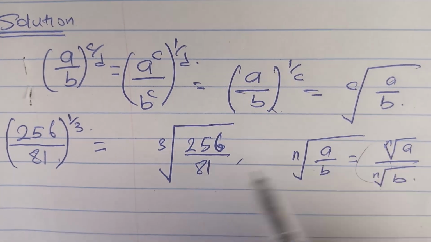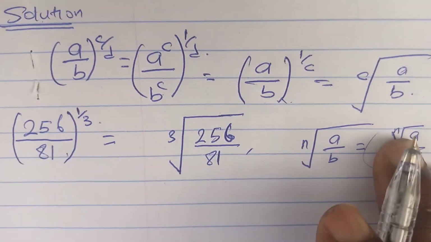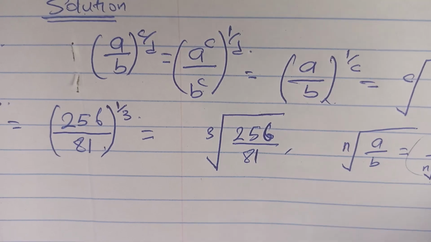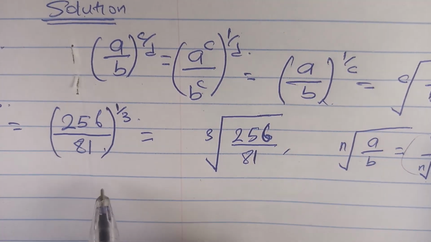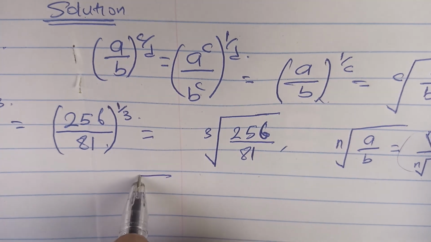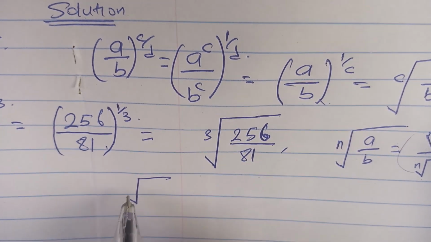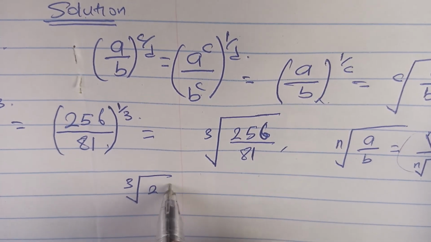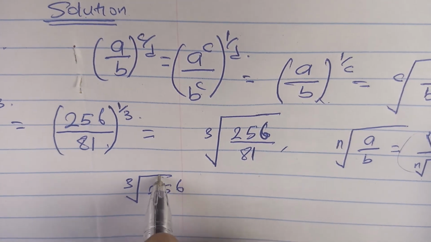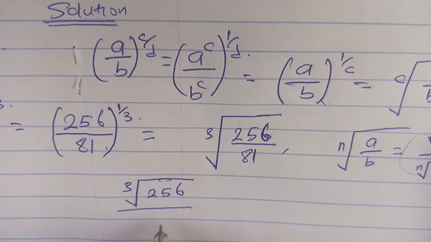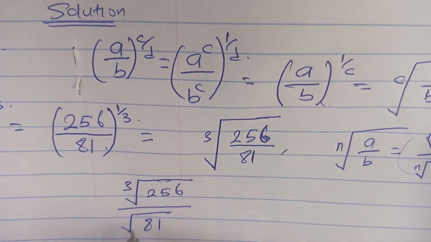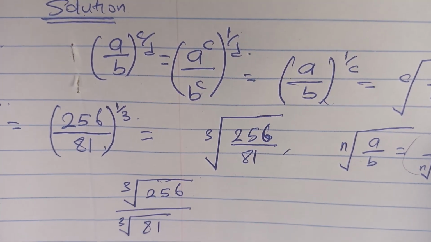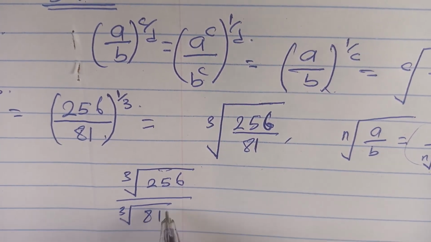If we put this principle here, we can write this as the cube root of 256 over the cube root of 81. So this is what we are now having.